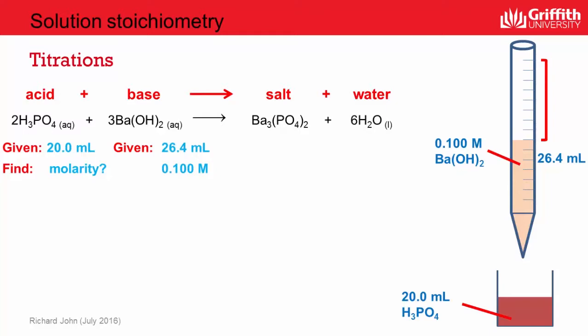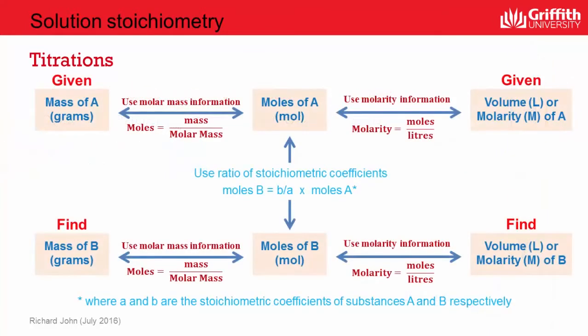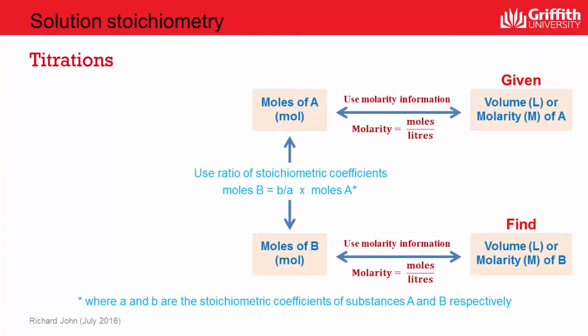So this is now starting to look familiar because we can go to this diagram here, and the relevant part of the diagram is this right-hand side over here. We've been given the volume and molarity information about barium hydroxide, and we've been asked to find the molarity of the phosphoric acid solution.